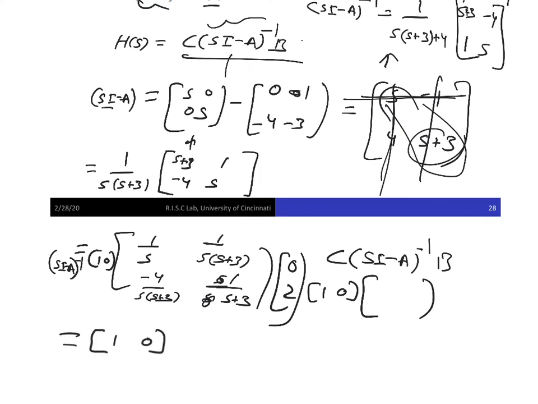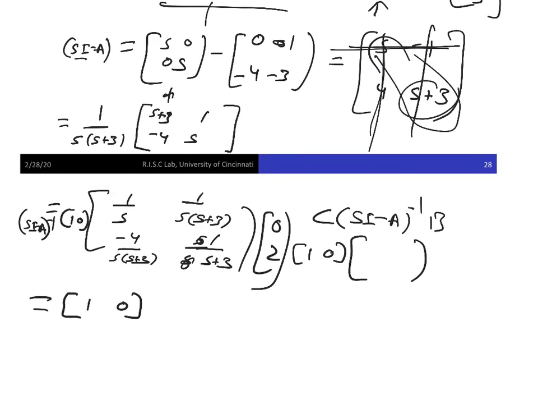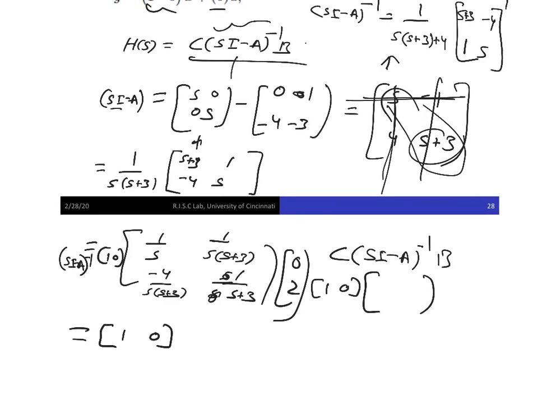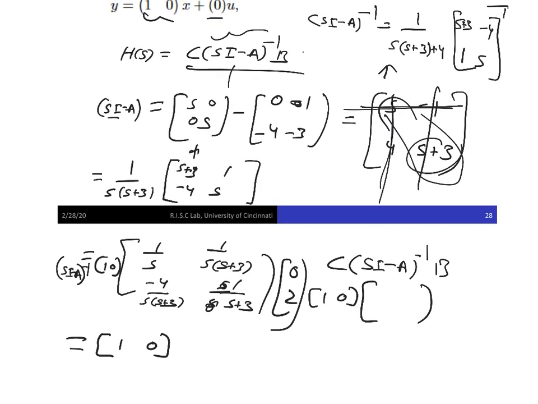I think you forgot the plus 4 on the denominator, where it's 1 over S times S plus 3 plus 4. What, it's not here? Which one did I forget?